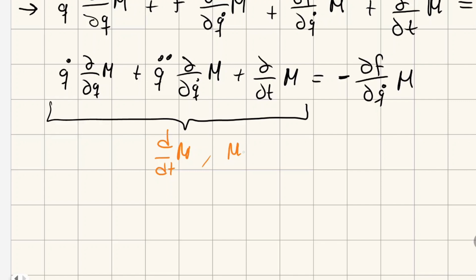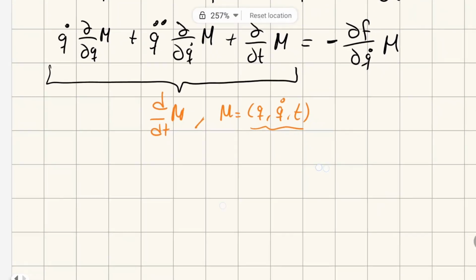Where m is a function of q, q dot, and t. If m is a function of these three variables, and if we take the total derivative with respect to time, we are going to get this, again using the chain rule, and noticing that q, q dot are functions of t.